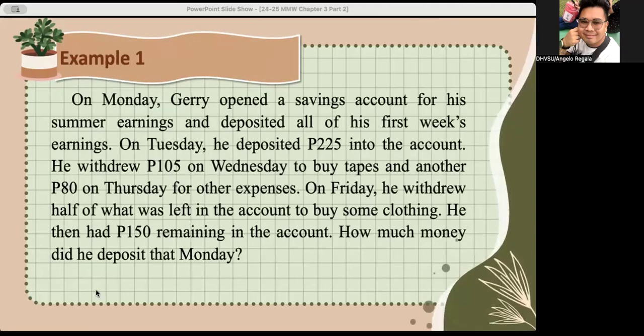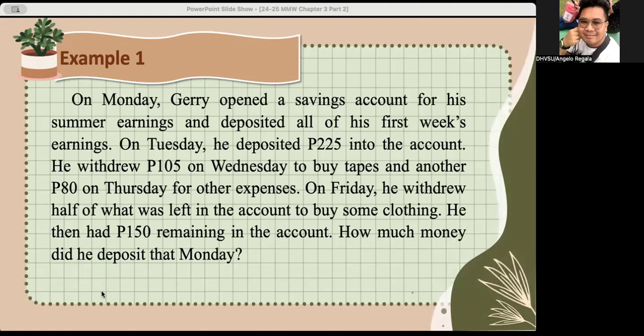On Monday, Jerry opened a savings account for his summer earnings and deposited all of his first week's earnings. Then the following day, Tuesday, he deposited 225 into the account. Then Wednesday, he withdrew 105 to buy tapes and then another 80 pesos on Thursday for other expenses.